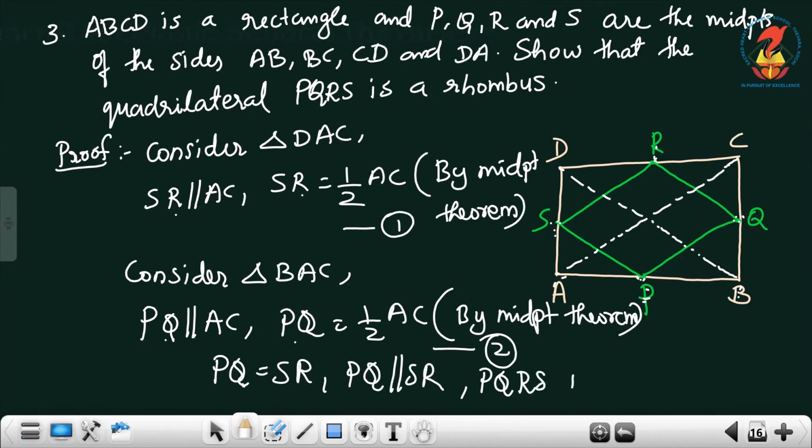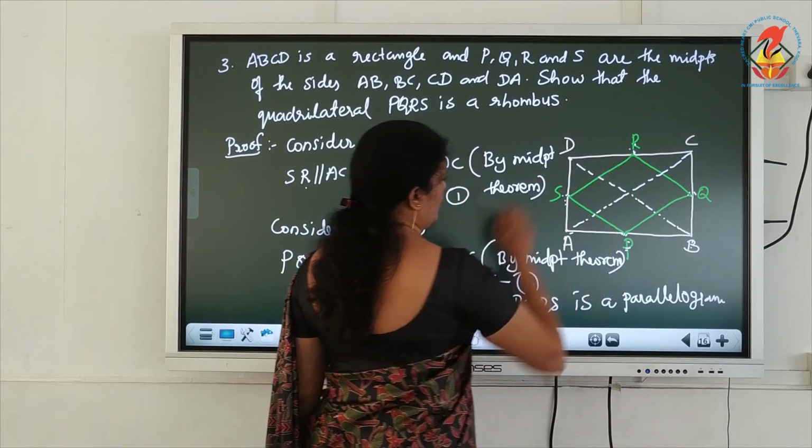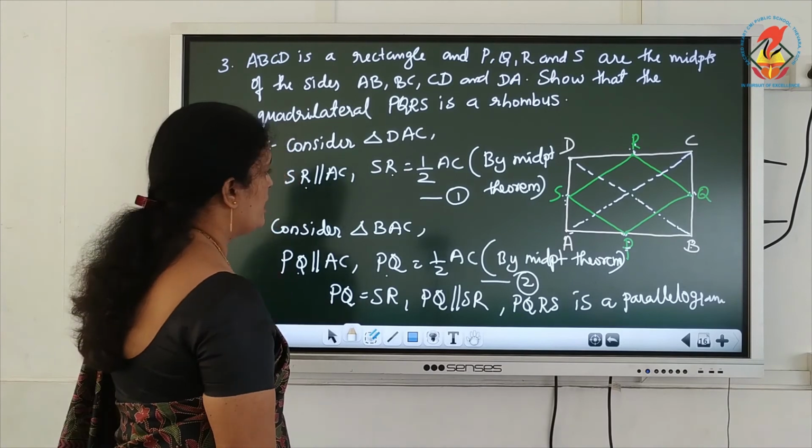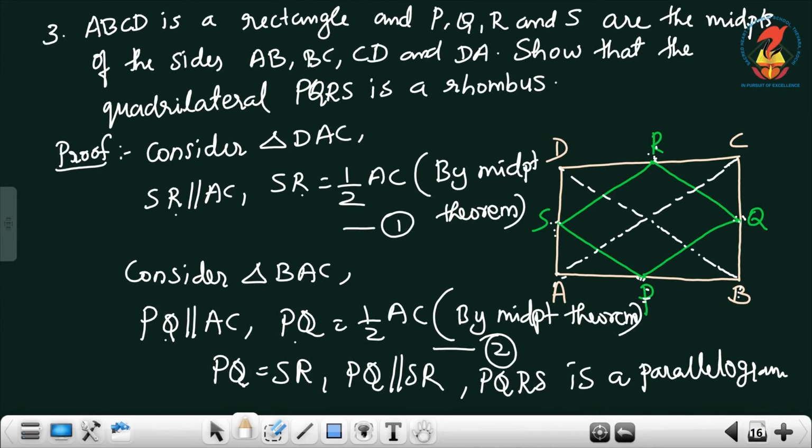PQRS is a parallelogram, so definitely we can write PS equal to QR. Then the next step: we already proved PQ equal to SR and PS equal to QR.